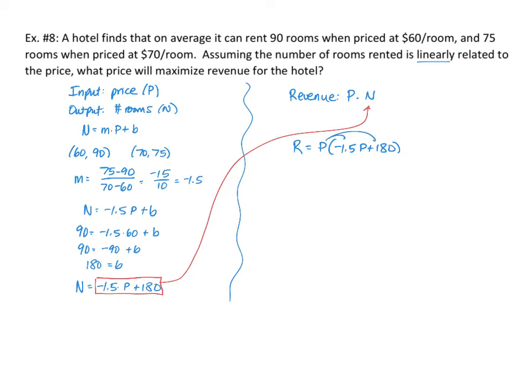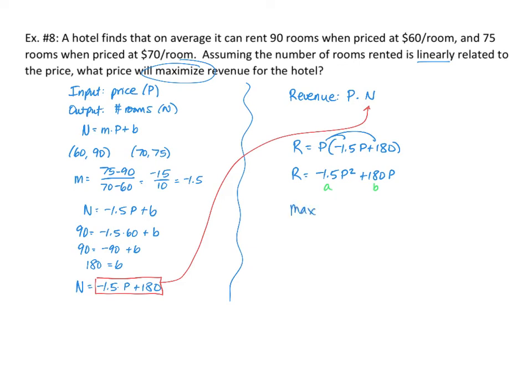Or if we distribute, we have R is equal to negative 1.5 P squared from P times P plus 180 P. So this is now a quadratic function where A is equal to negative 1.5, B is equal to 180, C is equal to 0. So this is a quadratic that opens facing downward because our value of A is negative. And so if we want to find the maximum revenue, we can maximize our quadratic function by finding the vertex.